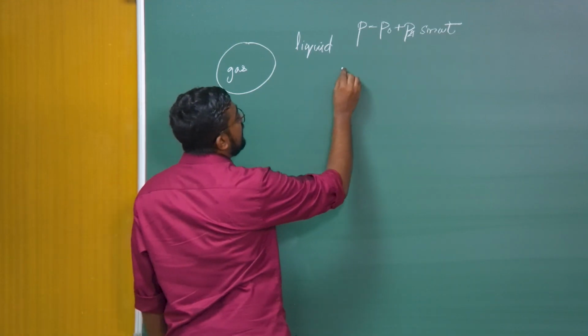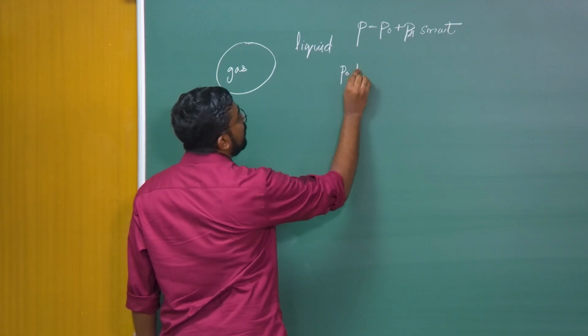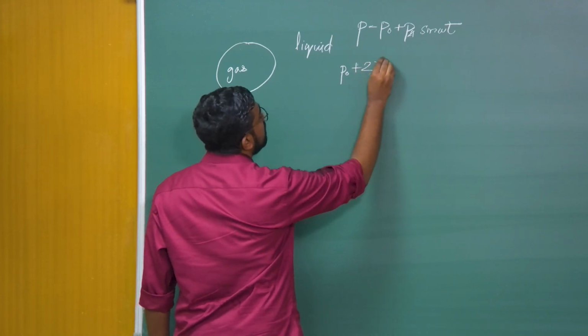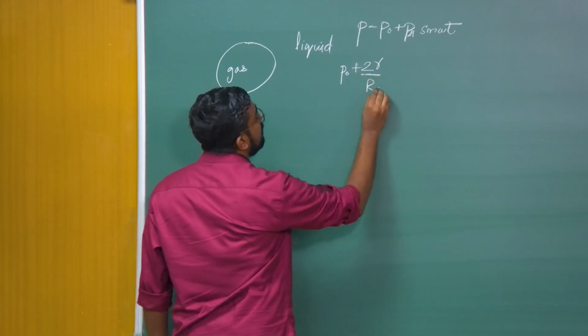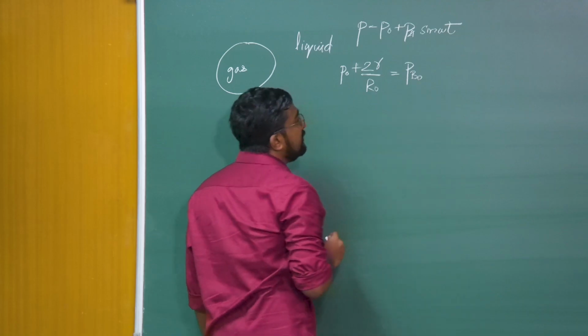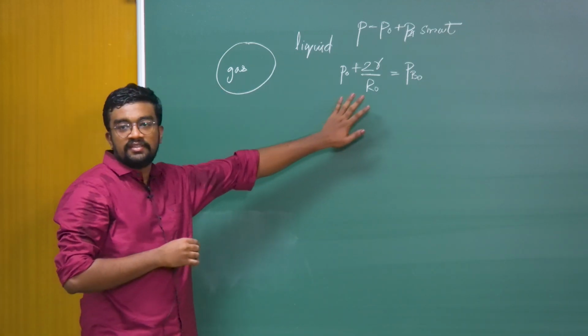So initial conditions are P0 plus 2 gamma by R0 will be equal to the pressure inside the bubble. This is a simple Young-Laplace equation.